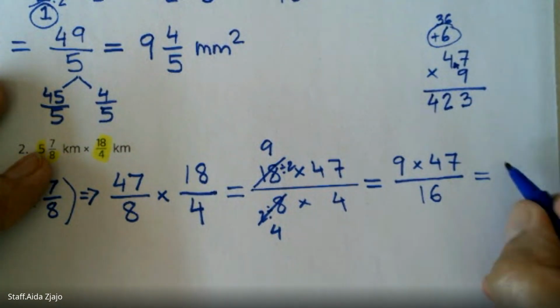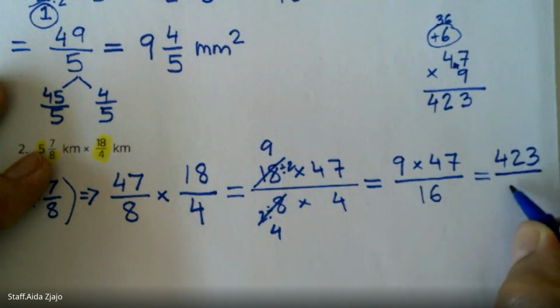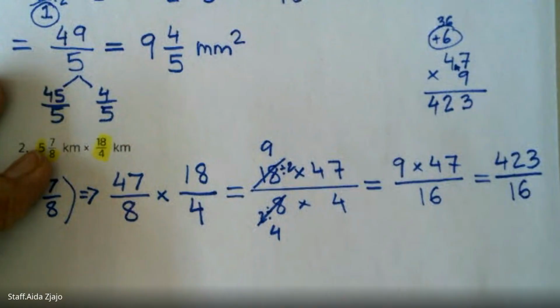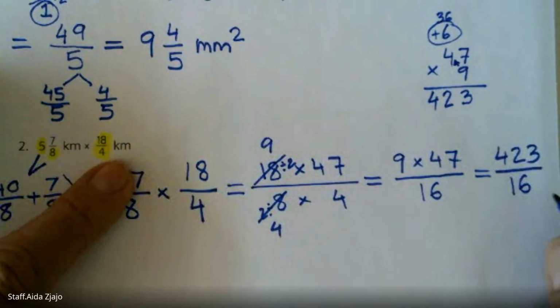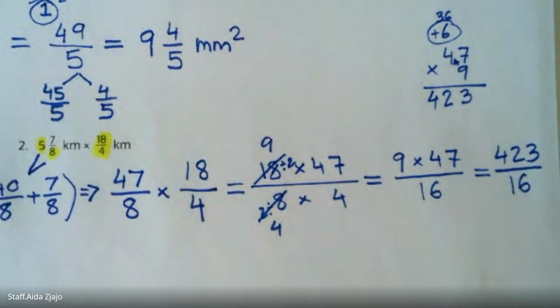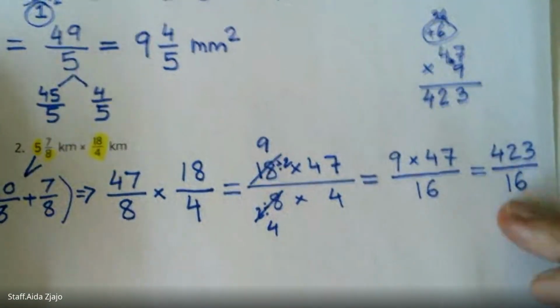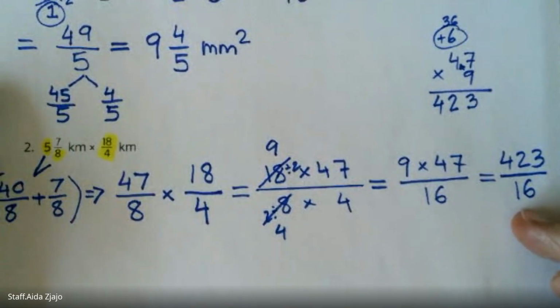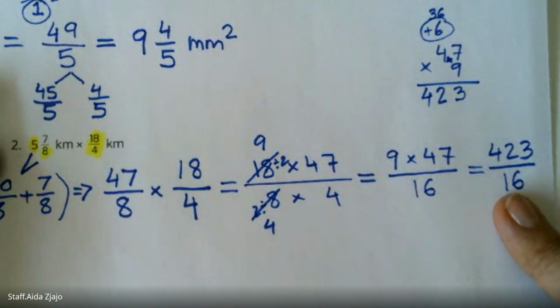So there is 423/16 square kilometers. But it's a fraction answer, and we're going to make it into a mixed number, so we need to divide 423 into 16ths.